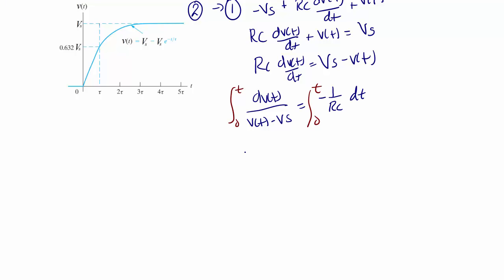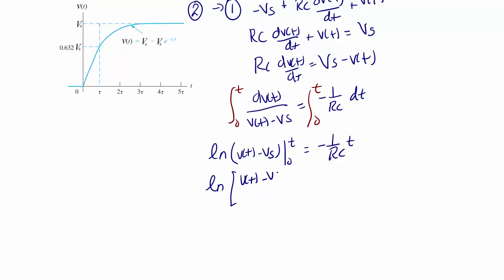And when we do that, over here we get the natural log of V of t minus Vs evaluated from 0 to t, and this equals negative 1 over RC times t. The left side of the equation becomes the natural log of V of t minus Vs divided by V of 0 minus Vs, and this equals negative 1 over RC times t.